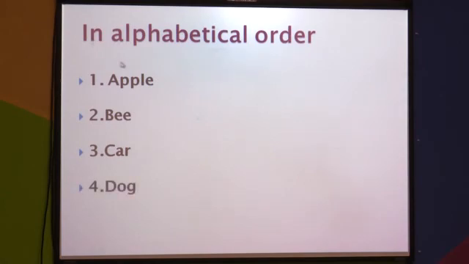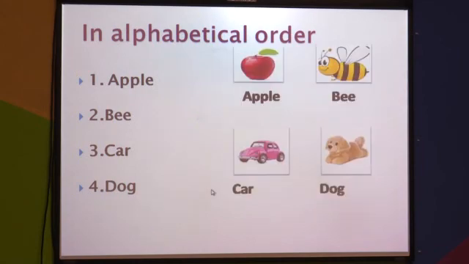These are arranged in alphabetical order. Understand? Now, let us see more examples in our grammar textbook. So my dear students, you all open the grammar textbook, first lesson, page number 5.